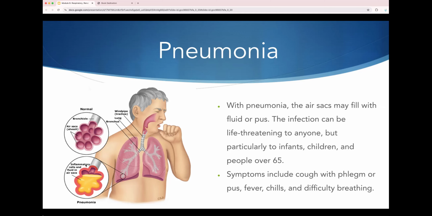Yes, it is going to get in the way of proper gas exchange. So oxygen cannot get in and CO2 cannot get out. So what acid base imbalance do you think that pneumonia can probably cause?